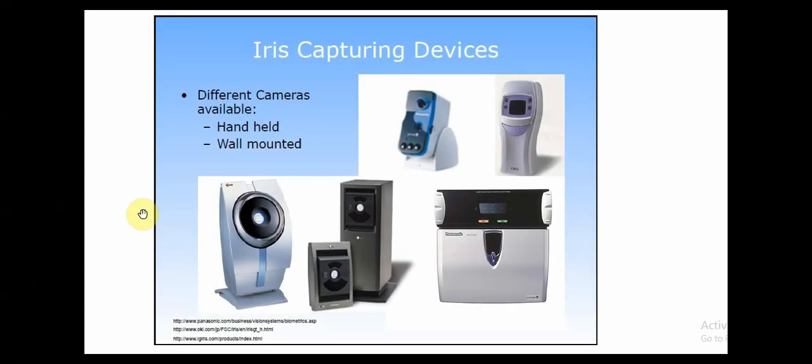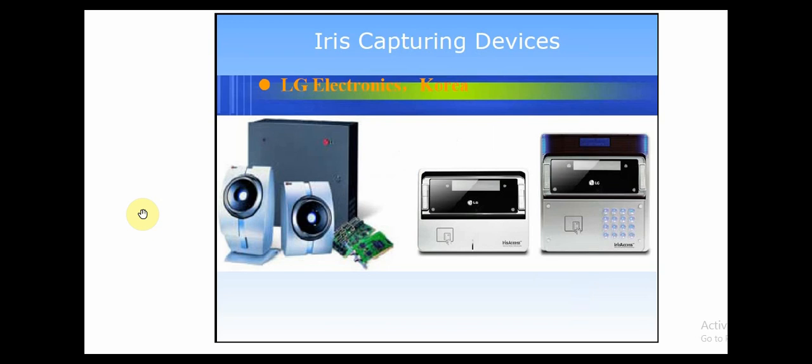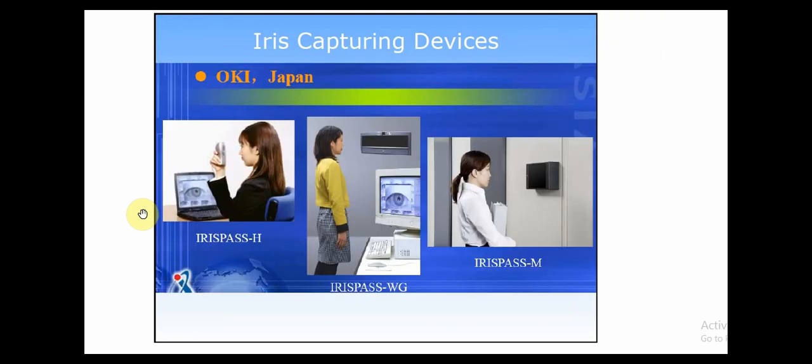Types of iris capturing cameras. In all of these devices, the user should stand for a while in front of the camera sensor, and the distance between the eyes and the camera sensor should be very small. These are other iris capturing devices, and in this image you can see the distance between the subject and the sensor.